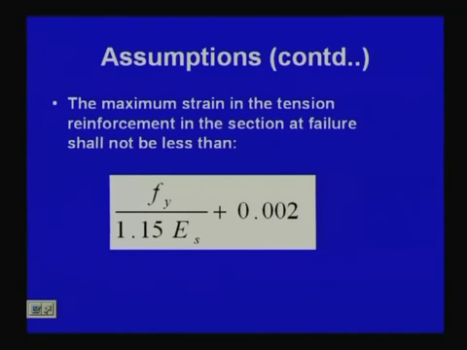This is the strain that should not be less than this value. So, for different grades of steel we shall get different limiting strain. We have three types of steel: Fe 250, Fe 415 and Fe 500. In most cases we use Fe 415, and for mild steel we use Fe 250.